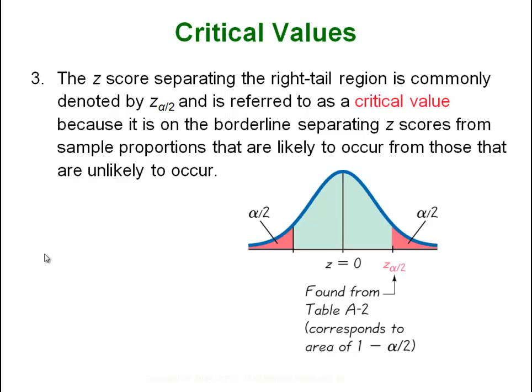And that's why you're going to see oftentimes it's written as z of alpha divided by 2. Because if you're 95% confident, then that means your error rate, your alpha rate, is 5%. And because you have to put half in each side, this area, right, is half of your 5%. That's why it's alpha divided by 2.